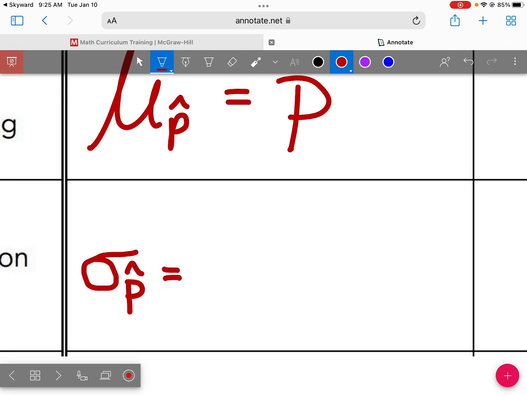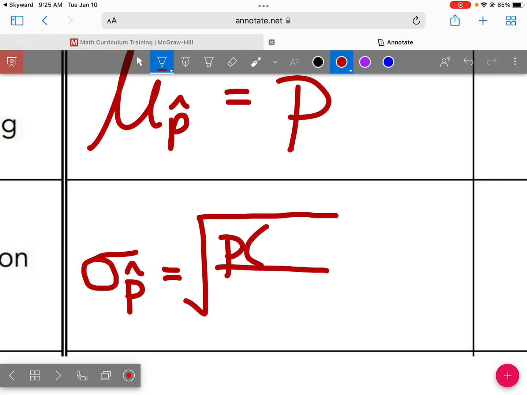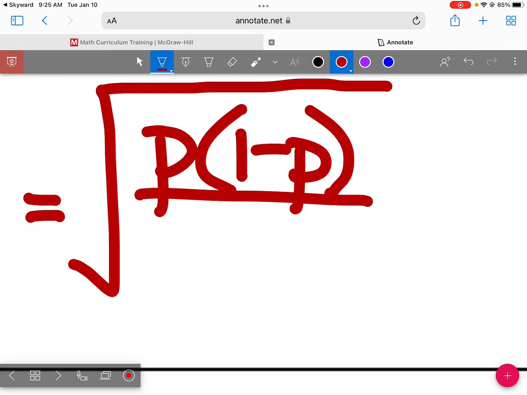Anytime we're doing standard deviation, what operation do I always see? Square root, big old square root here. What goes inside my square root? P times 1 minus P over N.